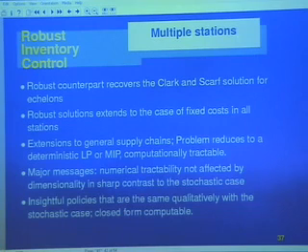You say they belong to a polyhedron P. And then the problem becomes, because I don't change the character, I think this is applicable elsewhere, not only in supply chains. And the major message here is that the numerical tractability is not affected by dimensionality, which is in some contrast with the stochastic case. And in this particular case, we have insightful policies that are qualitatively of the same nature as the stochastic case. In fact, they are closed form, unlike the stochastic case.